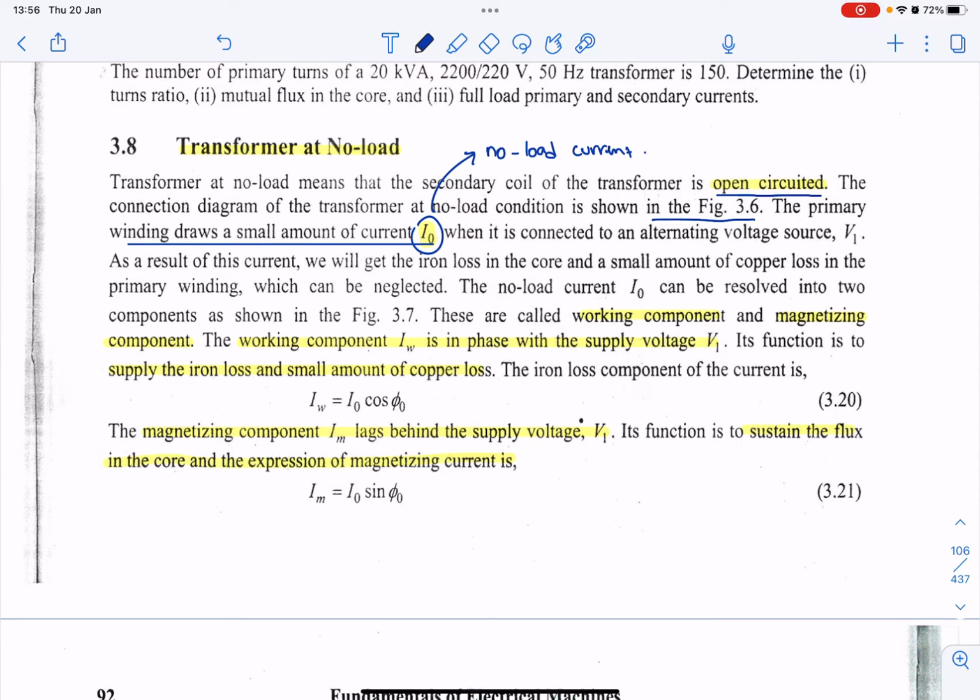As a result of this current, we will get the iron loss in the core and a small amount of copper loss in the primary winding.